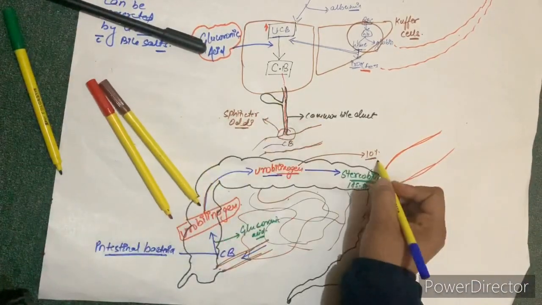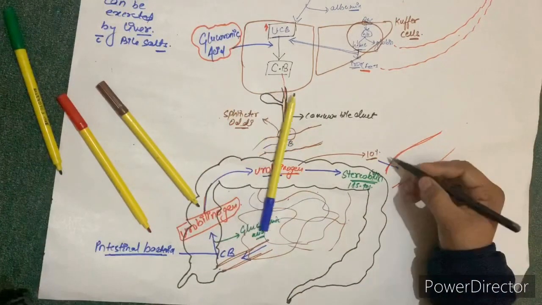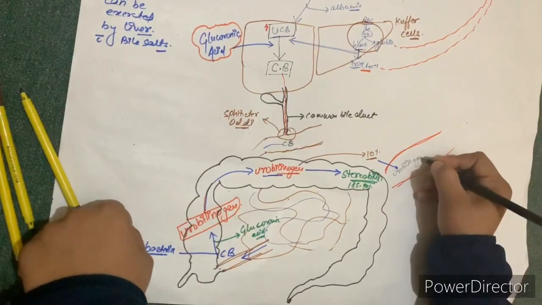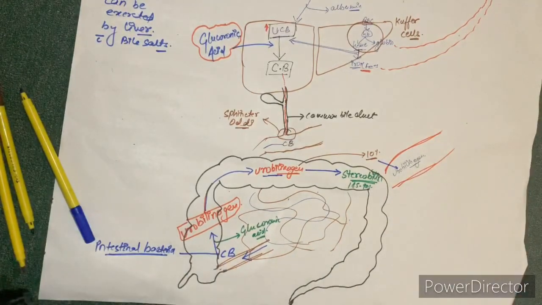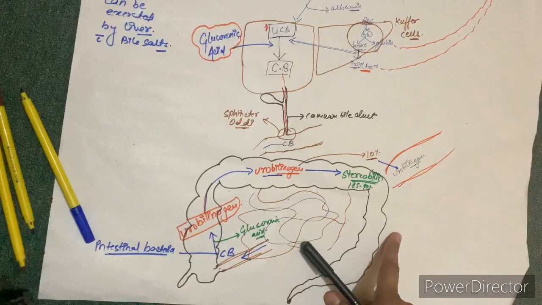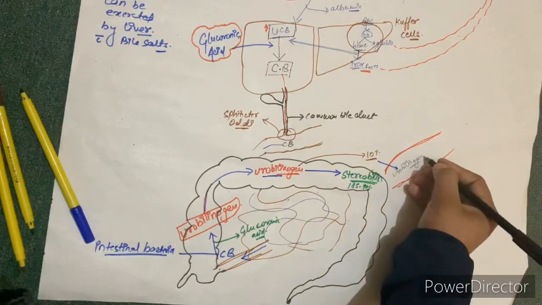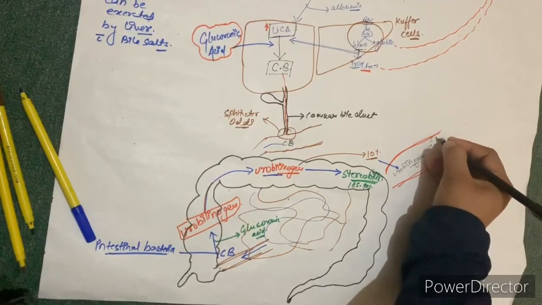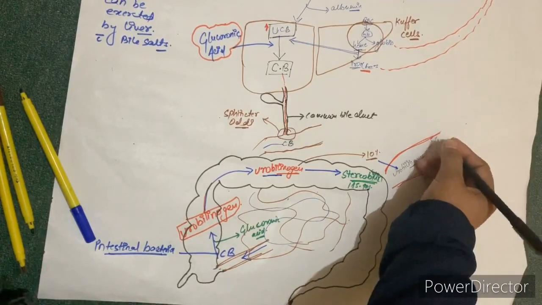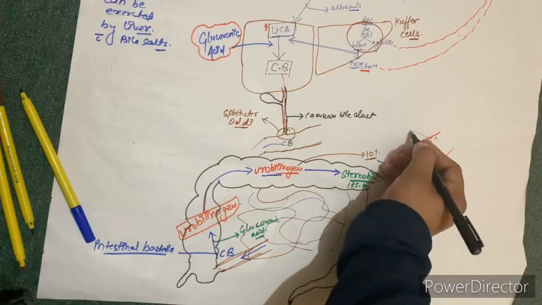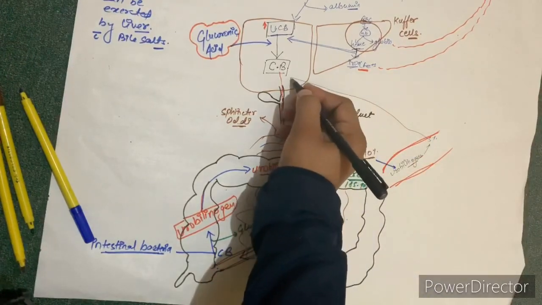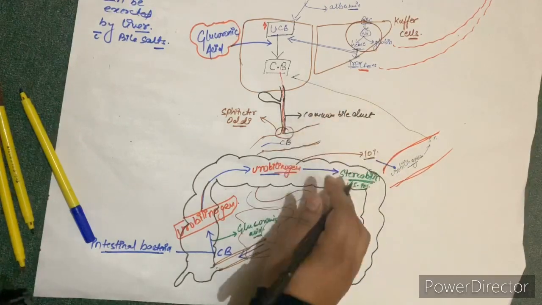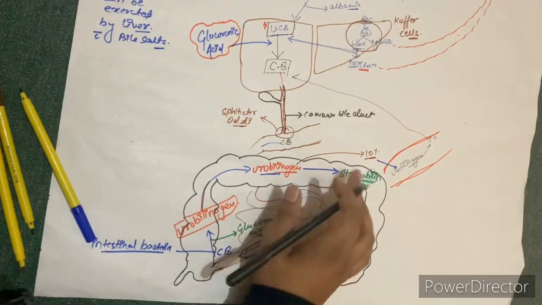Here it is urobilinogen. Then from here, of this 10%, about 5% participates in the enterohepatic urobilinogen cycle.